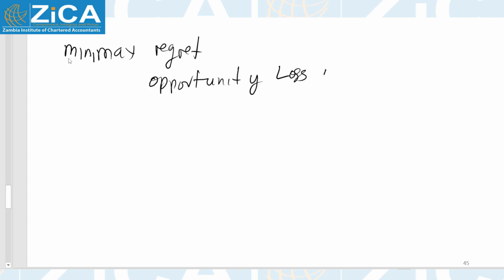If you go to the minimax regret, look for what you call an opportunity loss table, or what they call the table of regrets. Pick up the table of regrets. So say here, first action, if the state of nature is S1, where are you going to invest?